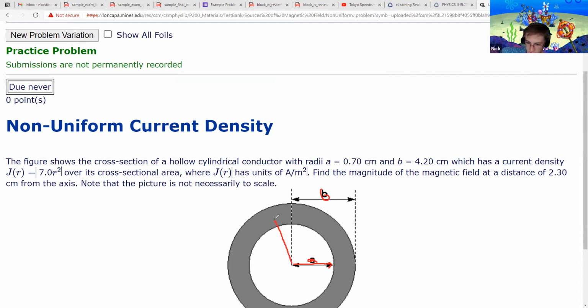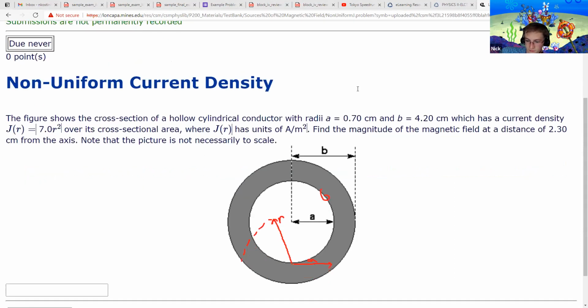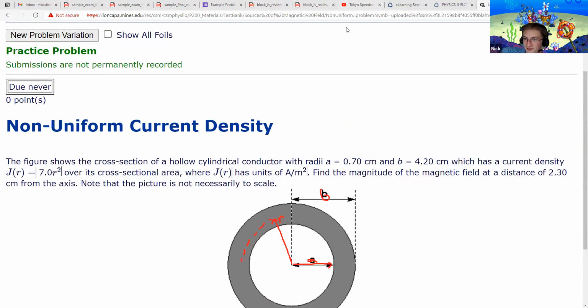So they want the magnetic field at a distance R, where R is between A and B, at that radius right there in between the two. And since this is an Ampere's law problem, that's going to be my Amperian loop. Wherever I want the B field, that's my Amperian loop.